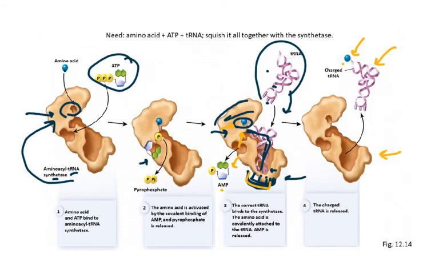The enzyme then can be reused and new things can bind to it, and it can begin this process all over again. So what the synthetase enzyme is doing is squishing the tRNA together with the appropriate amino acid. But now we can call this a charged tRNA. It is now ready to go and interact with the ribosome to bring this amino acid into frame.